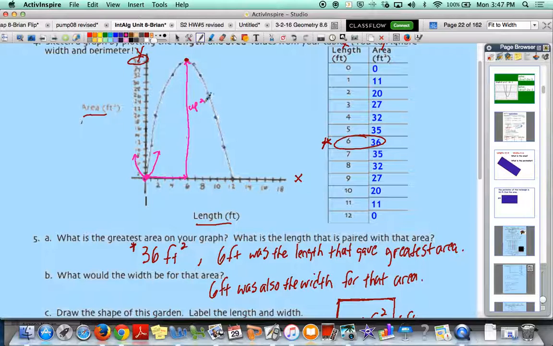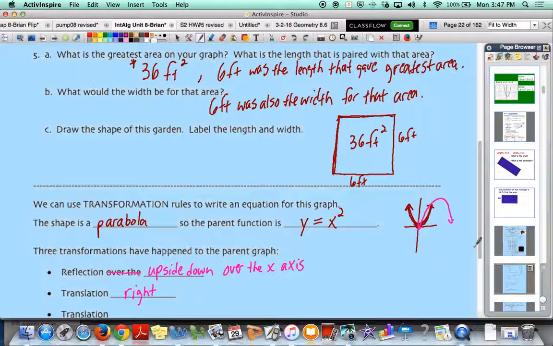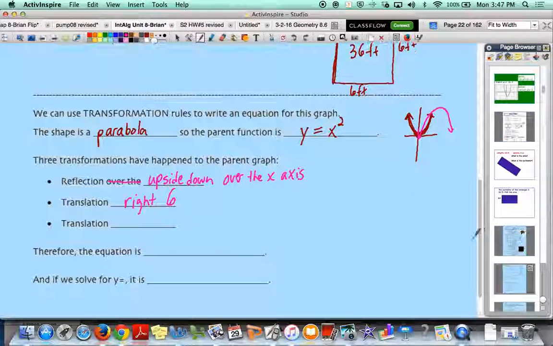So up 36 and right 6 to get where it's at. So it's been flipped upside down. It's been translated right 6 and up 36. That's where the new vertex is here. So let's write that in. So right 6 units and translation up 36 units.